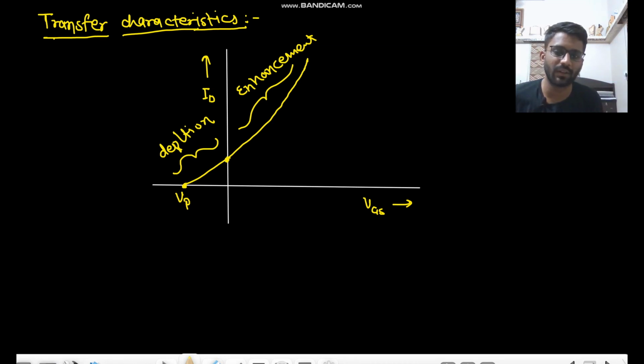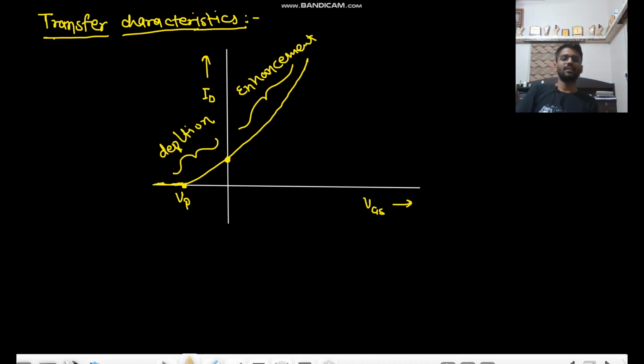When you increase VGS from VP, which is some negative value, the current will increase. But before VP, there is no current, so before VP the current will always be 0. That's the characteristics.